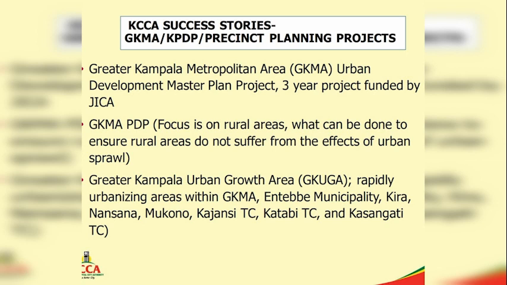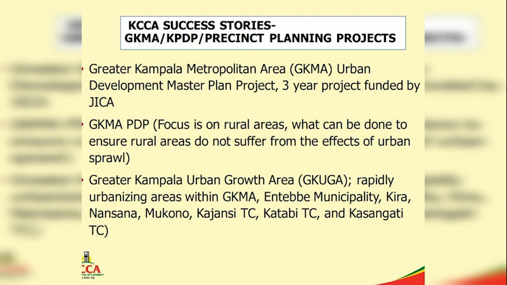The project is also looking at the Greater Kampala Urban Growth Area, which we are calling GKUGA. Here we are concentrating on the rapidly urbanizing areas. The first physical development plan is concentrating on the rural areas.